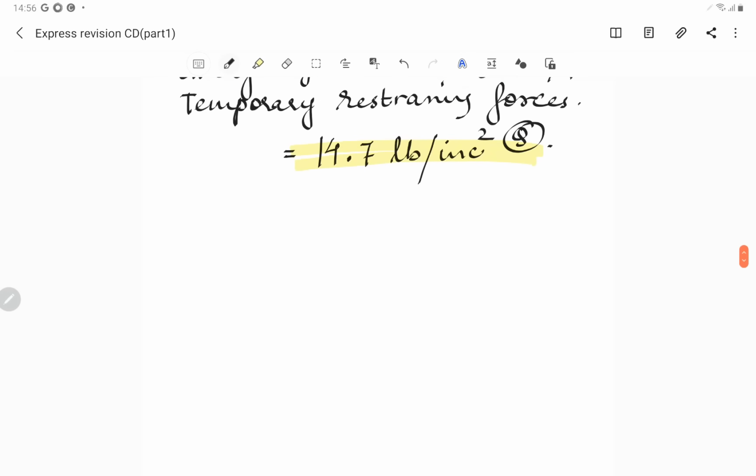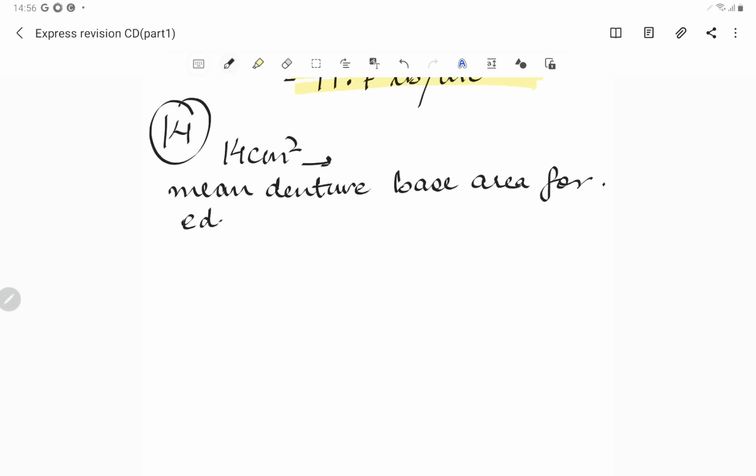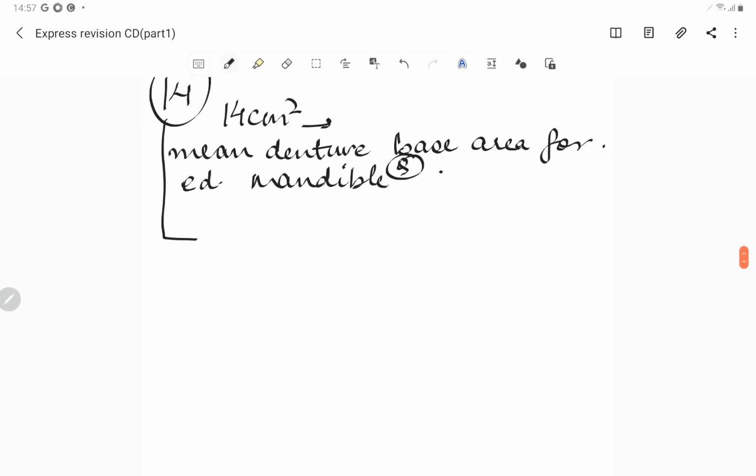Also we have got a couple of things with the number 14. So 14 centimeter square is the mean denture base area for the edentulous mandible, right? Then we have got weight of atmospheric pressure, which is also 14.